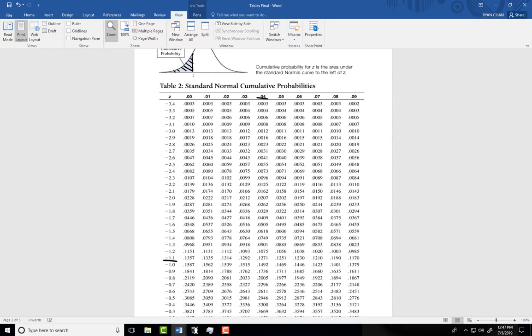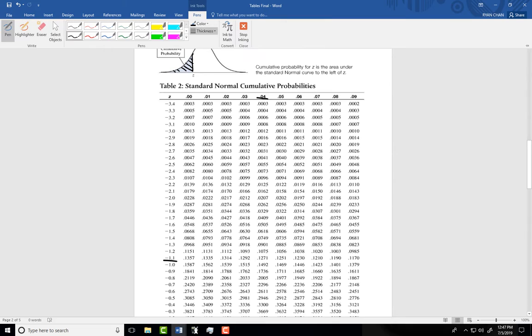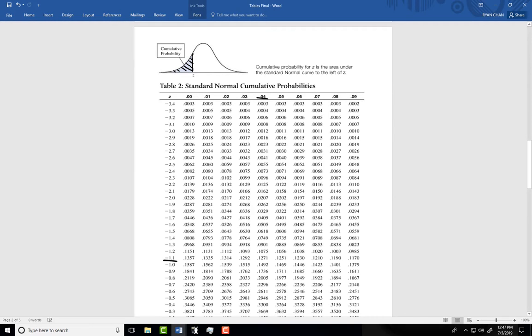Your first two digits will be in the row, and your last digit, the second digit away from the decimal, will be in the column. So notice I have negative 1.1 and then 4. I see where they intersect. So my answer here, according to my table, is 0.1271.